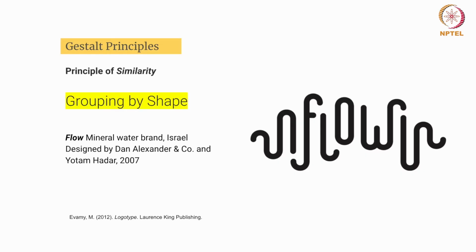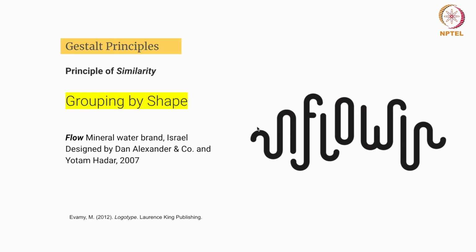This is a very good example where you can see, although these segments are not attached to the overall word flow, since the elements have similar anatomical representation, similar curves, and the edges are softened in a similar manner, overall you are grouping it in terms of similar shape.